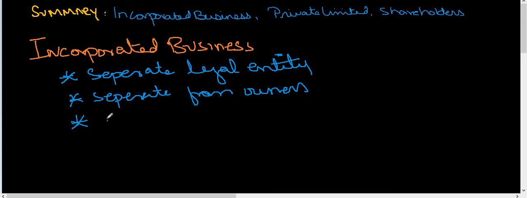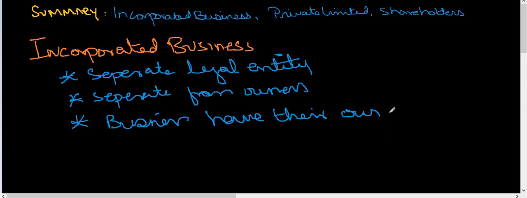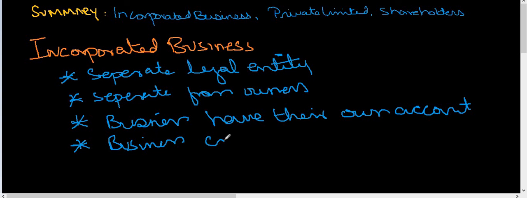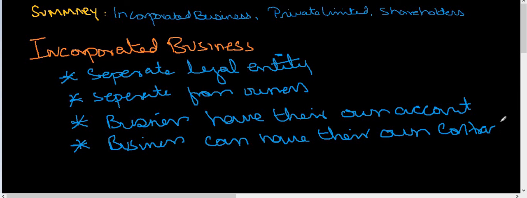The business has their own accounts separate from the owners. Businesses can get into contracts, can have their own contracts. It's just like a living being. Businesses can take and give loans.